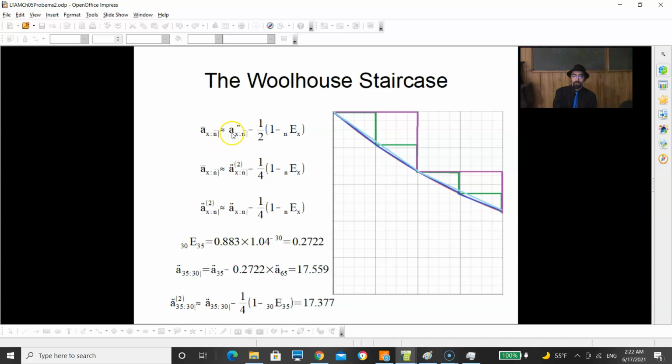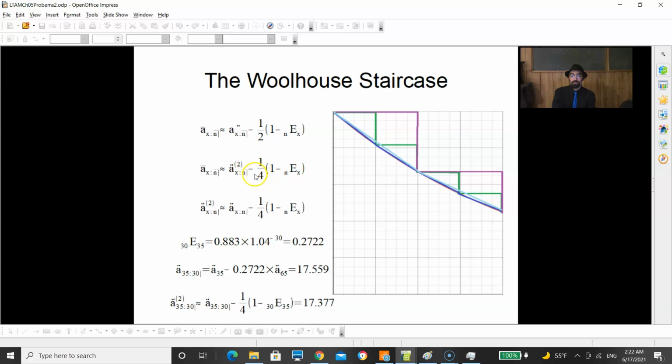So you can say Ā_{x:n}. This is not formatted properly. These dots should be here. It's approximately ä_{x:n} minus 1/2 times (1 minus nEx). But it's also equal to ä superscript (2)_{x:n} minus 1/4 times (1 minus nEx).